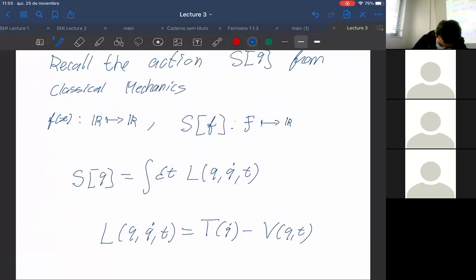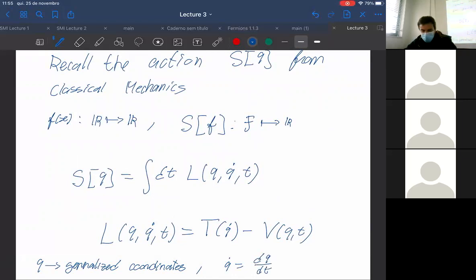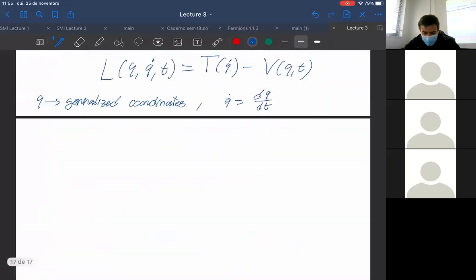These q's are generalized coordinates, and of course we use the notation q dot is dq/dt. So dots are, as usual, for time derivatives.